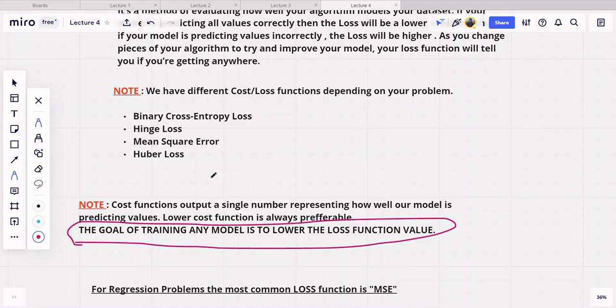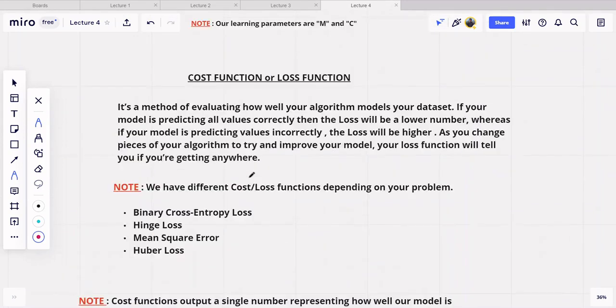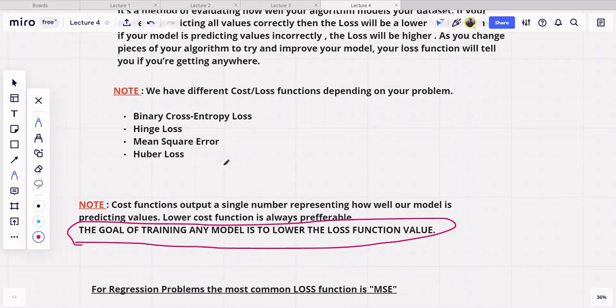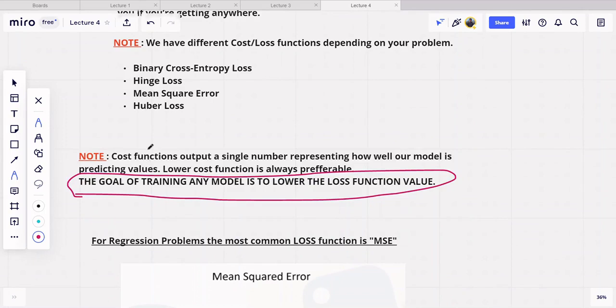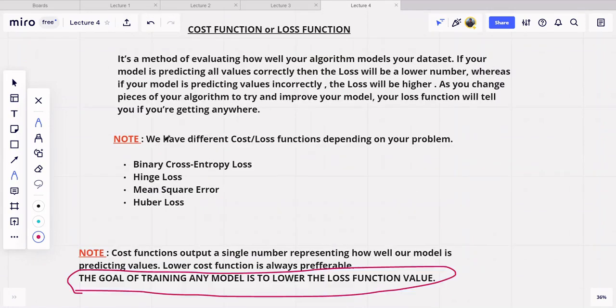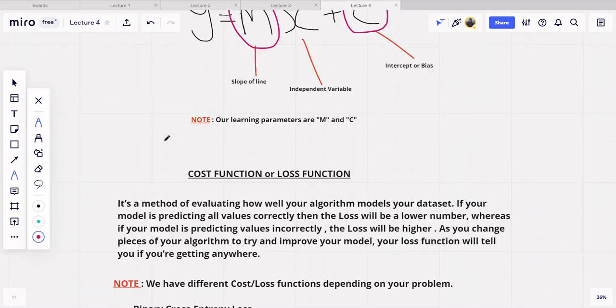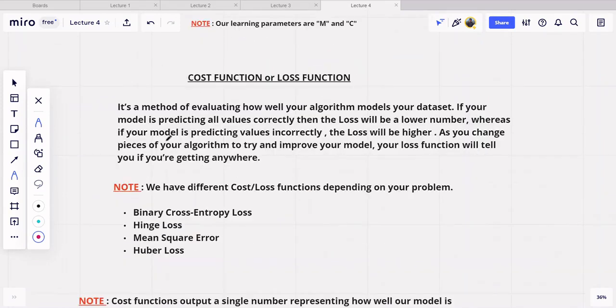It should be very obvious from the naming, we always try to keep our losses at the minimum. So whenever we are training a machine learning algorithm, our goal is to train the model to lower the loss. Now there are different types of loss functions depending on your problem.